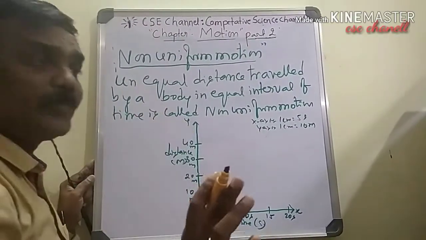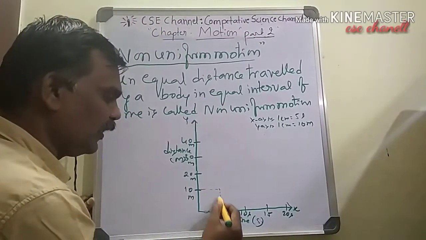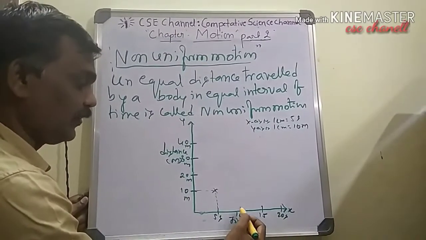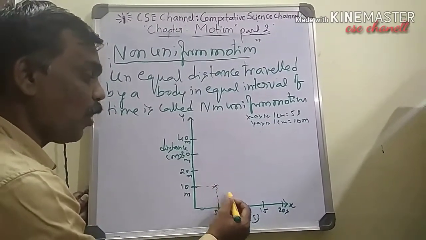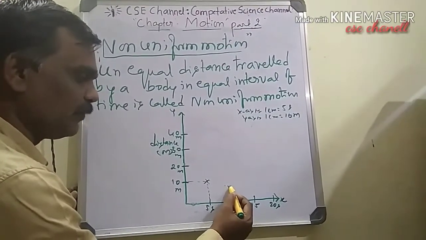Now, if an object travels 10 meters in 5 seconds, and in another 5 seconds it travels only 5 meters, then it becomes like this.